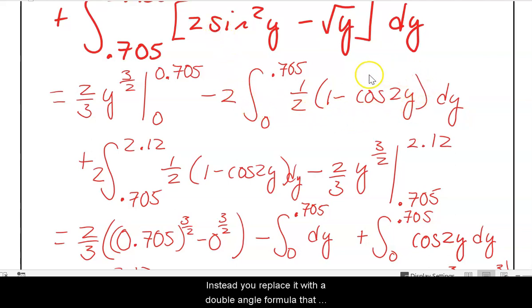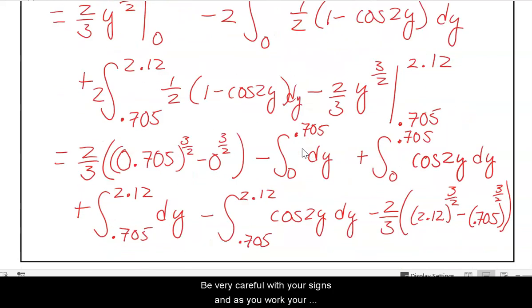Instead, you replace it with the double angle formula that sine squared is equivalent to 1/2 times the quantity 1 minus cosine of 2y. Be very careful with your signs, and as you work your way through, you'll end up with a couple of integrals that have cosine of 2y in them. Keep track of all of the different limits of integration.